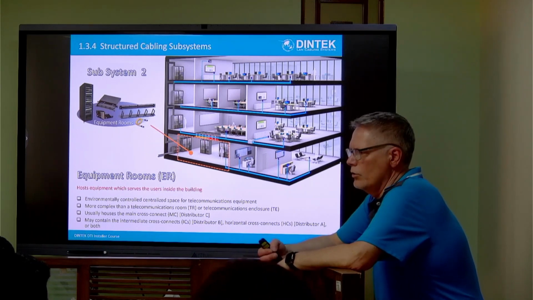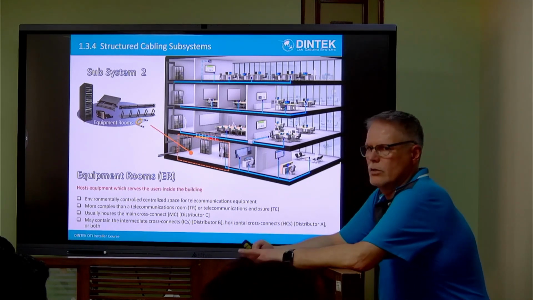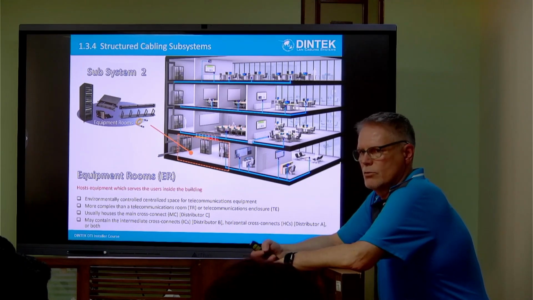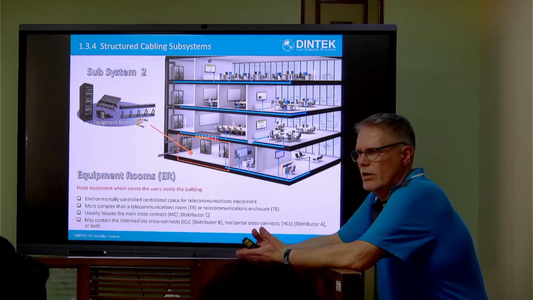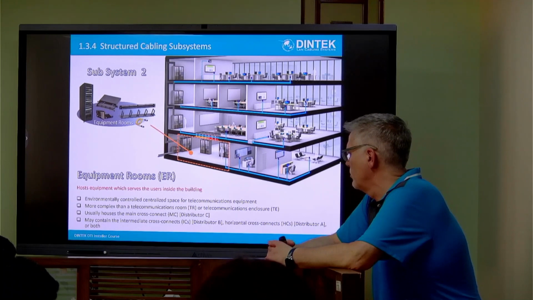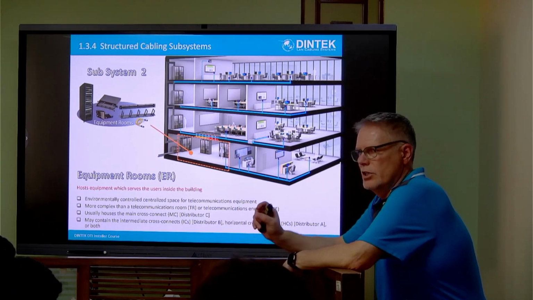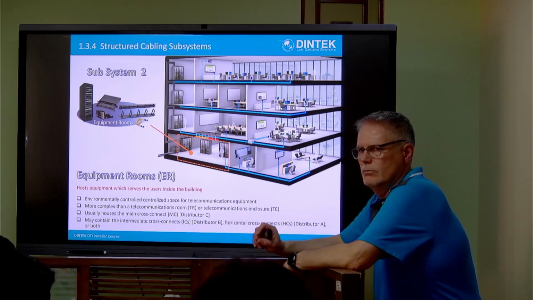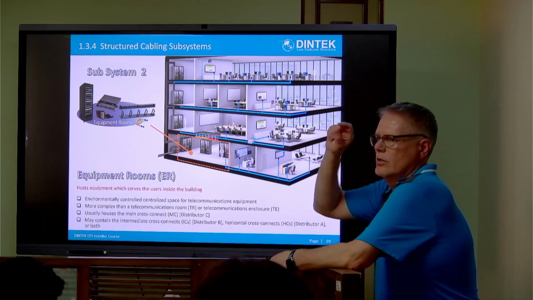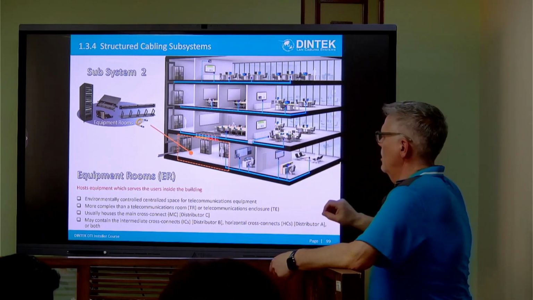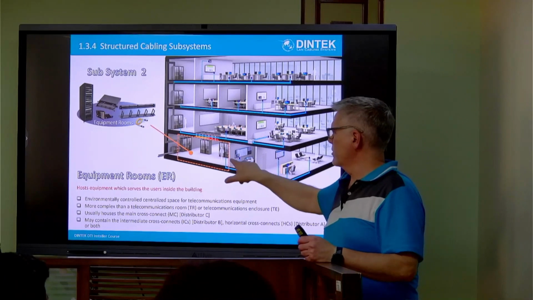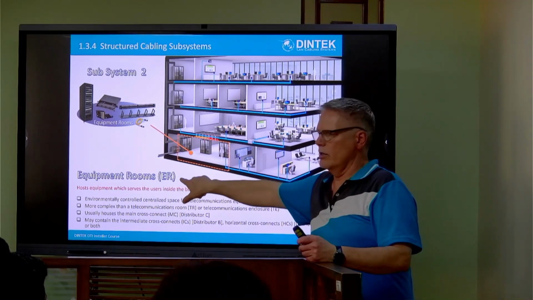It's going to hold your telecommunications equipment, UPSs, switches, routers, servers, commonly found inside an equipment room. That's what we refer to in the generic sense as a building distributor. So where we have those campus building floor distributors, that building distributor area is going to house an equipment room.